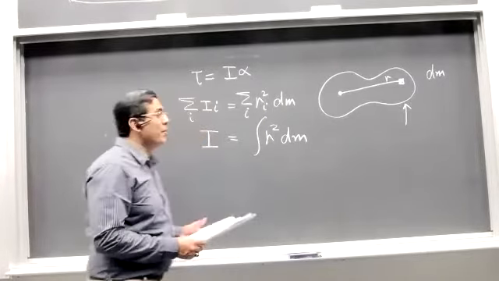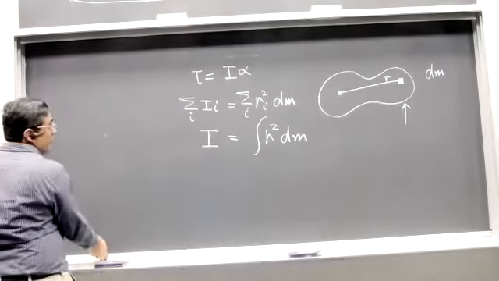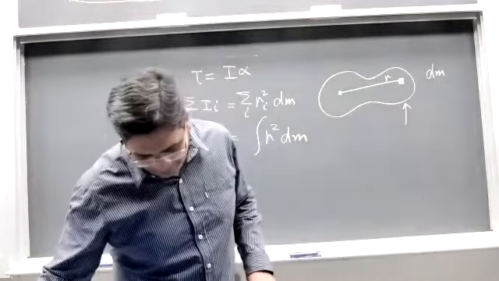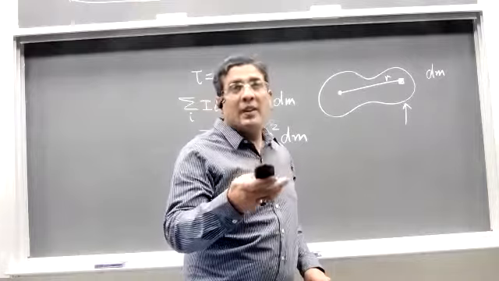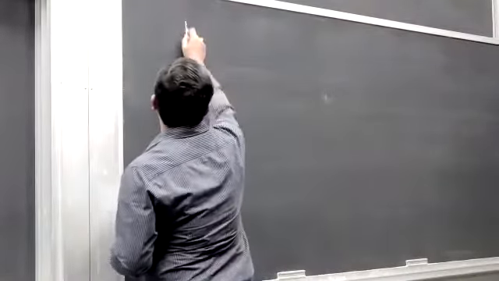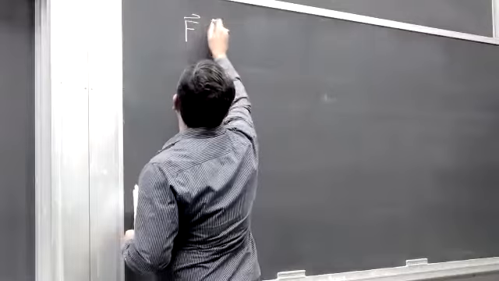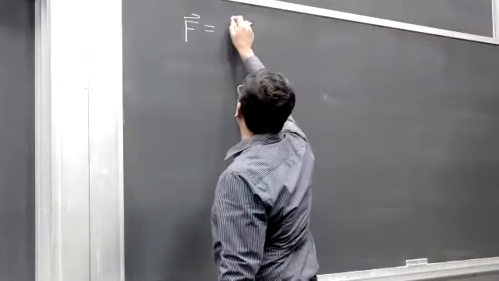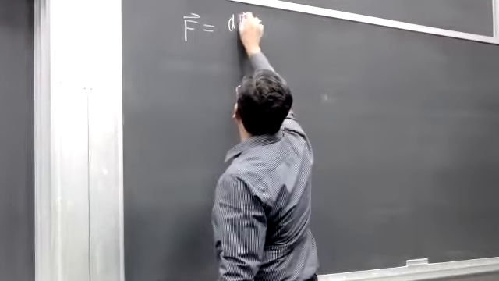Now, one last bit that I want to finish with today is this. If you remember, we generalized Newton's law, the force being related to the time rate of change of linear momentum.